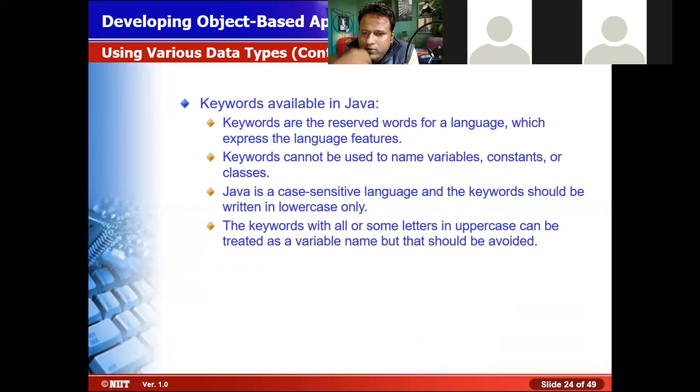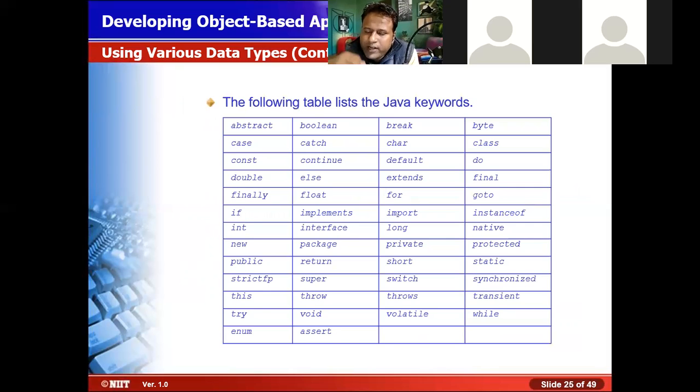These are the different keywords available. Keywords with all or some letters in uppercase can be treated as a variable name, but that should be avoided. So there are different types of keywords that we're using: abstract, case, constant, finally, if, int, new, public, strictfp, this, try, enum.